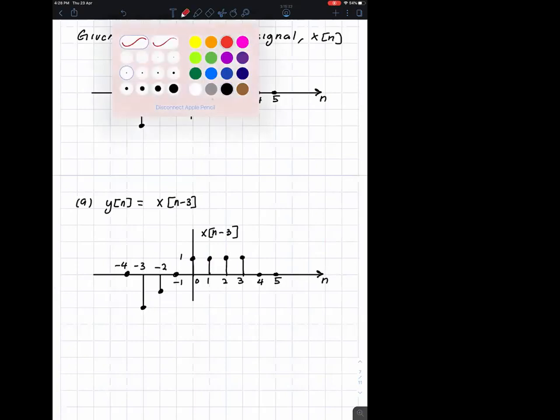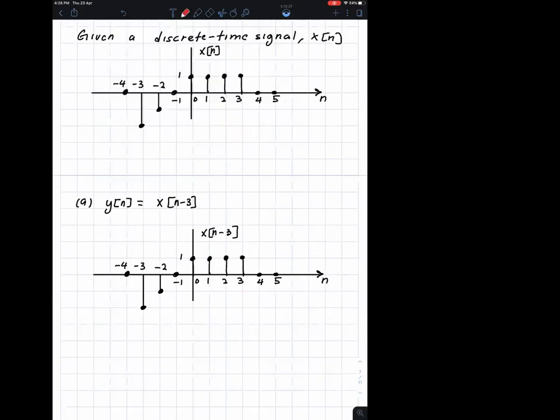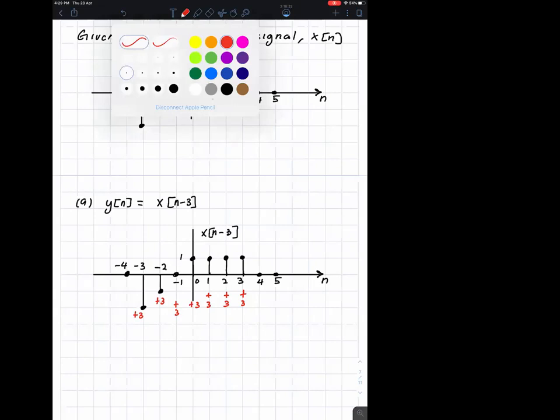If you move right by 3, that means you're going to add 3 to everything in the time axis. You're just shifting the time by 3.